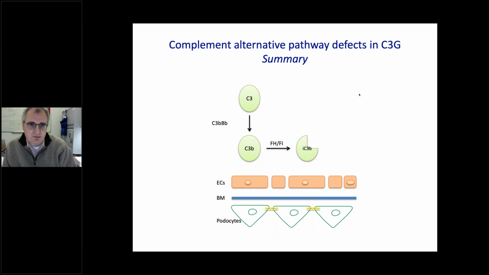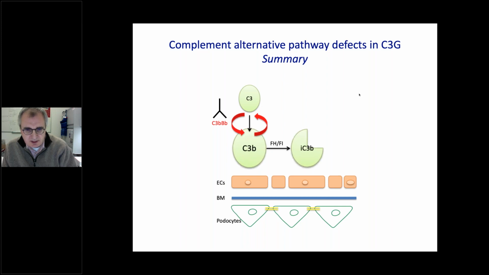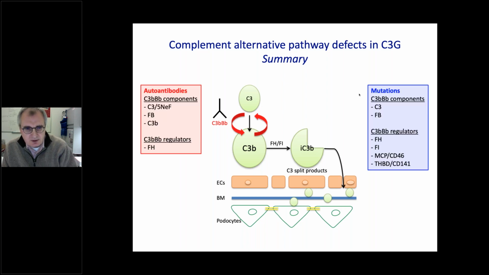And with that, we have basically this pathogenetic concept for C3G for the primary form, where we assume that the C3 convertase is in overdrive to generate split products in abundance that are non-physiological, supraphysiological, which then are the driver for glomerular pathology. And we will talk in the next little while about the causes for this dysregulation situation.